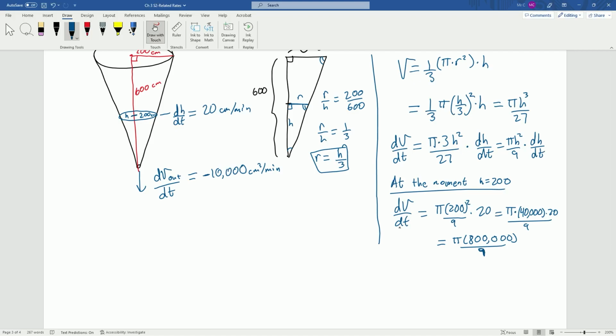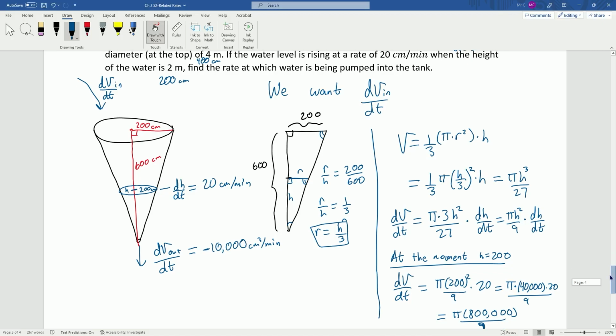Okay, so that's dV/dt, but now we've got to go back and remember what we were asked for. It was not dV/dt, it was dV_in/dt. So what do we know? We know that the total rate of change is the amount going in minus the amount going out, which was 10,000.